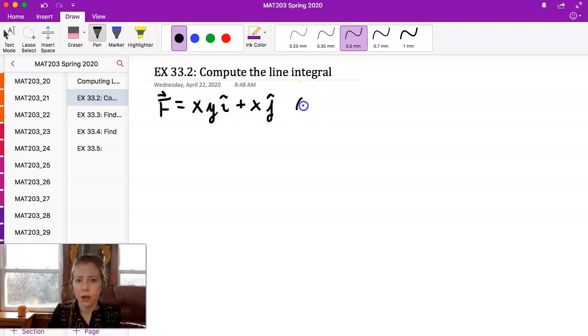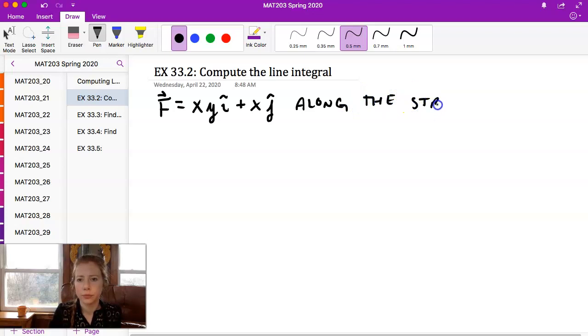And we're going to go along the straight line from (1, 1) to (2, 4).